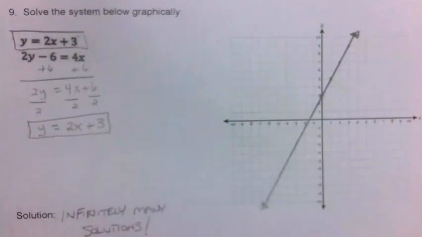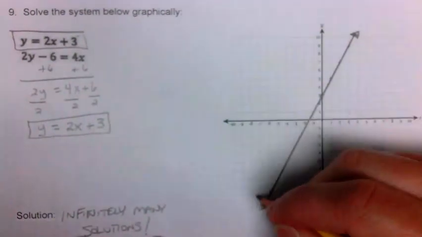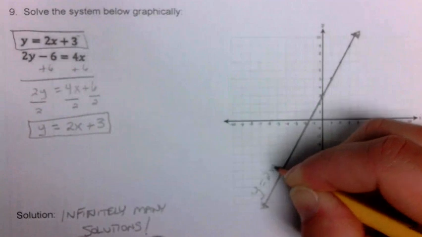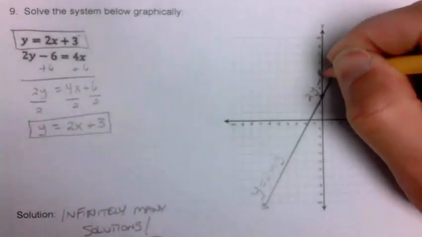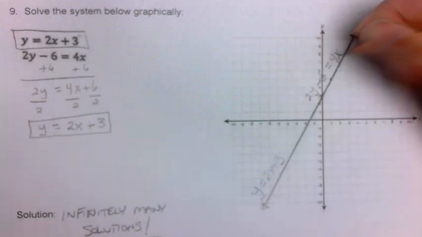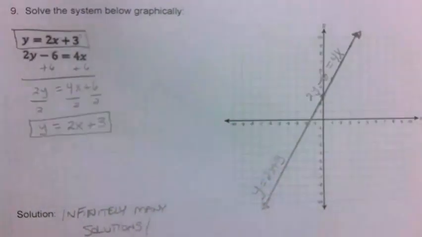There is the line that represents both of the equations, so I could label it as y equals 2x plus 3, and I can also label it as 2y minus 6 equals 4x. But again, these lines are equivalent, so there are infinitely many solutions to this system of equations.